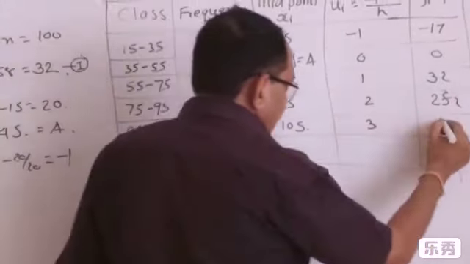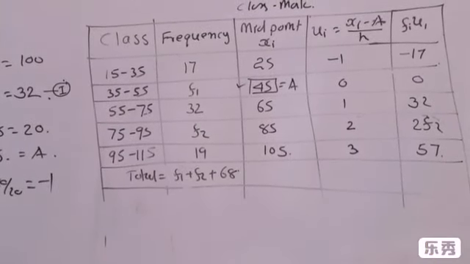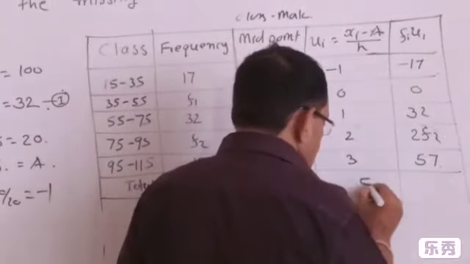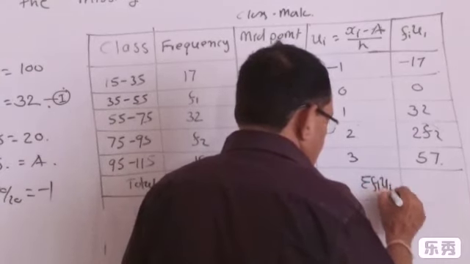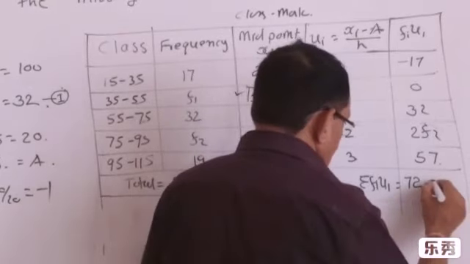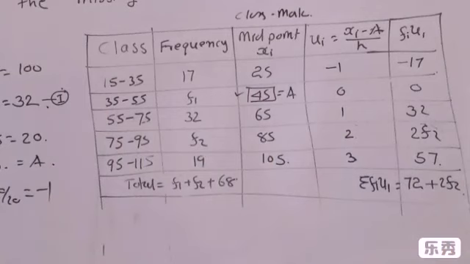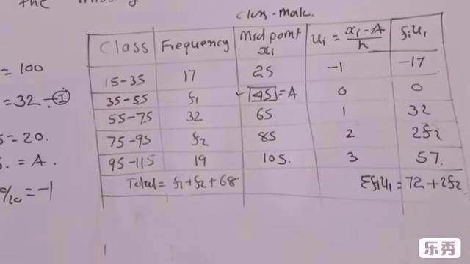So you will get sigma fiui equal to 72 plus 2f2. Now substitute this value in the formula.